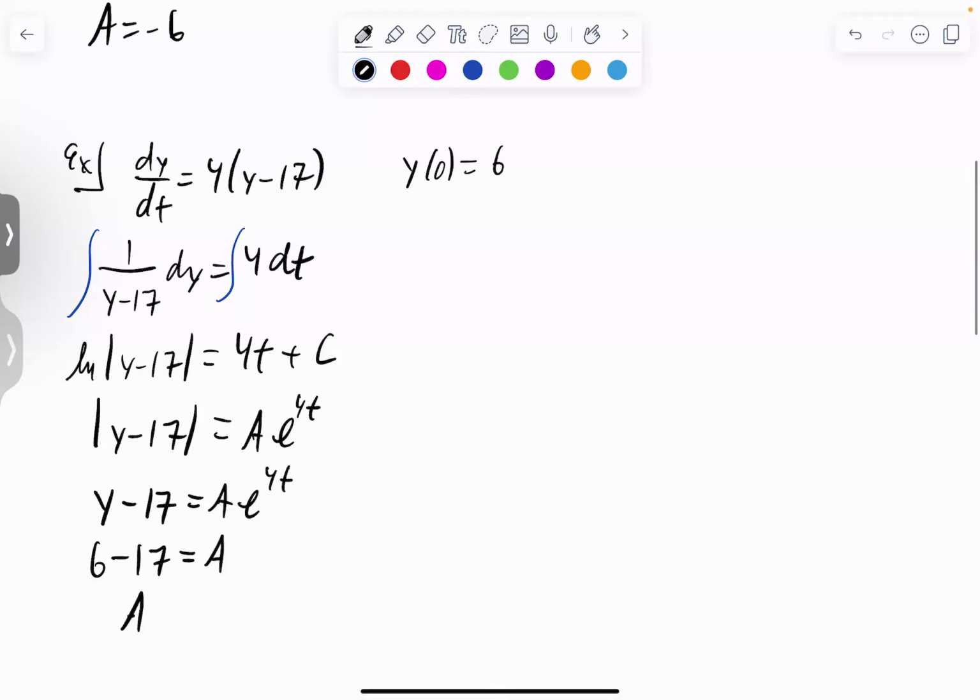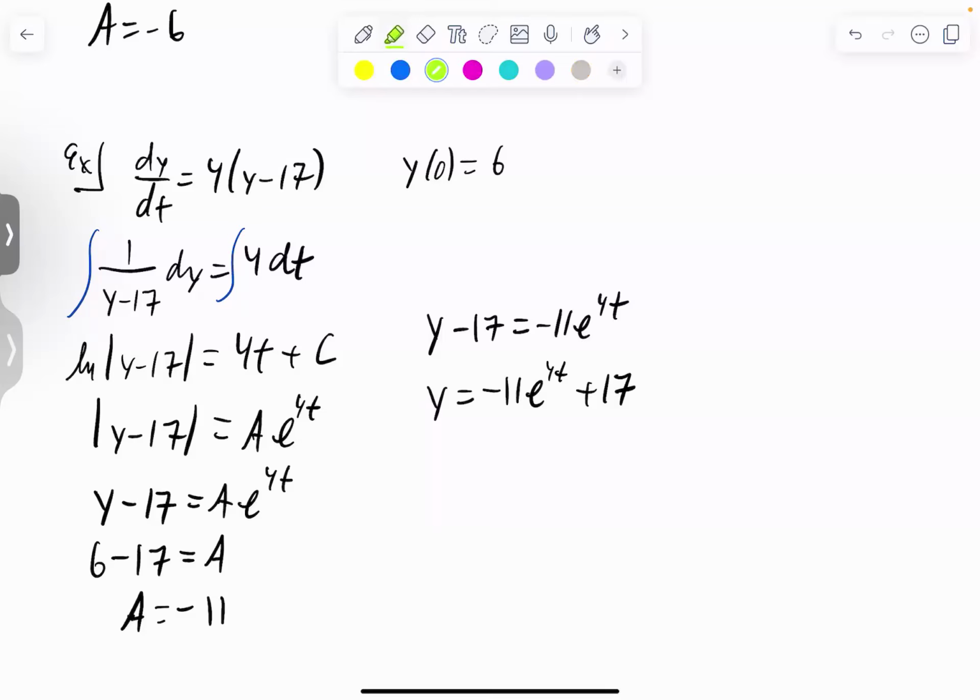So a in this case is negative 11. Which means y is negative 11 e to the 4t plus 17. I just added that 17 over. You can add the 17 over earlier if you want, doesn't matter.